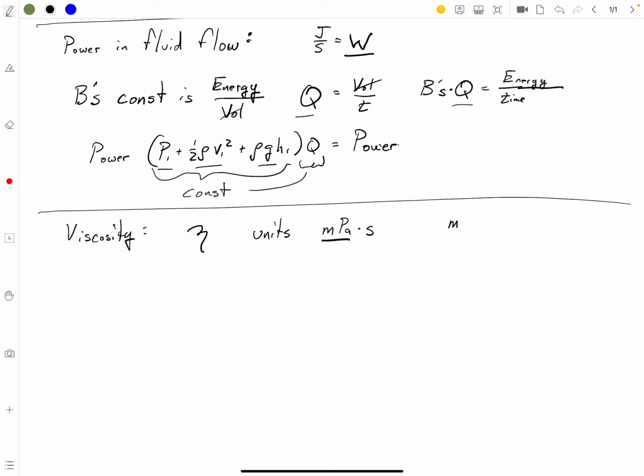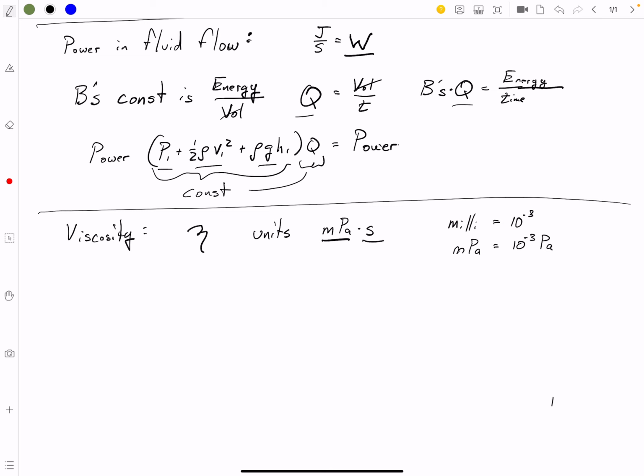Millipascals. What is milli? Not the partner to Vanilli. Milli is equal to 10 to the minus 3. So what we're saying with millipascals is we've got 10 to the minus 3 pascals, and we're multiplying that by a second.